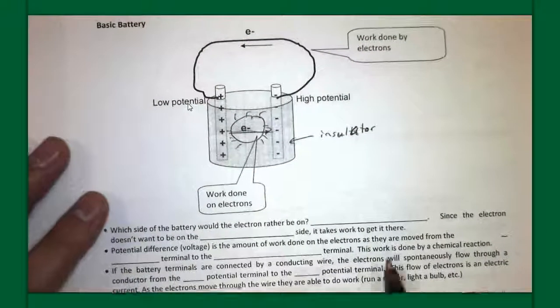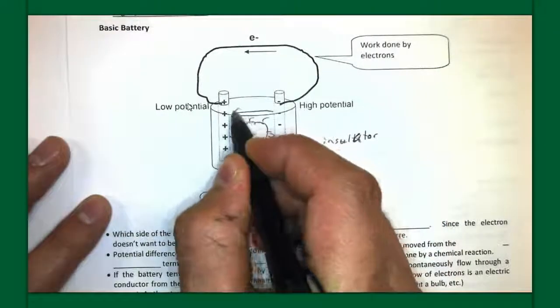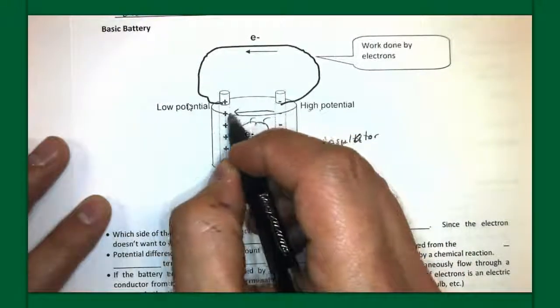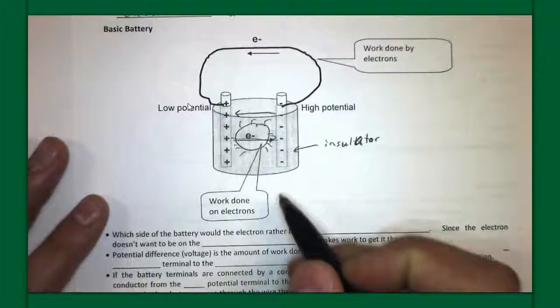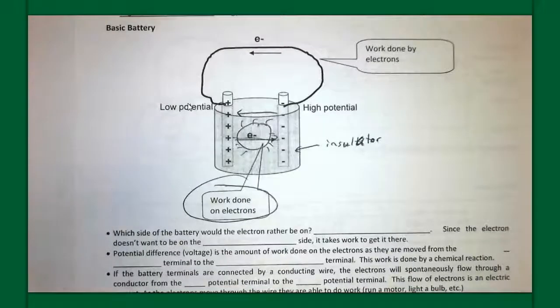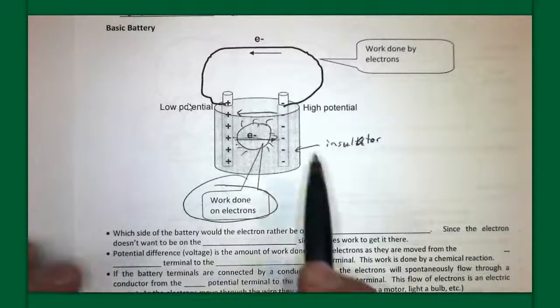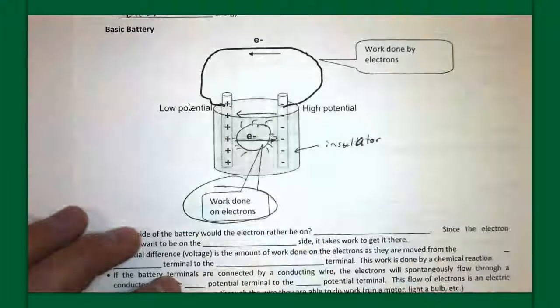They're exerting a force on each other, and they would rather be on the other side. They want to be on the positive terminal. So this chemical reaction is doing work. Work is being done on the electrons because it is fighting the electrostatic force. It is going against the force that wants to pull these electrons back over this way.